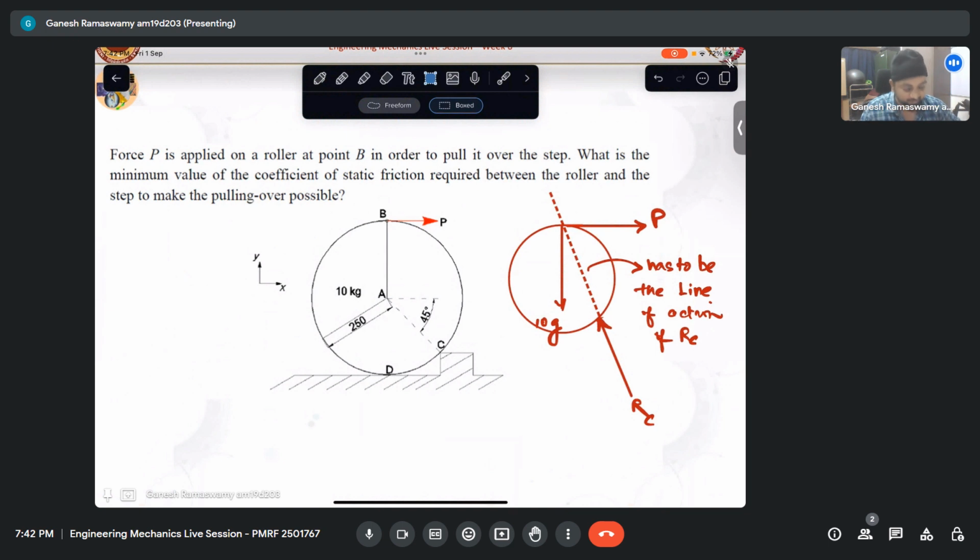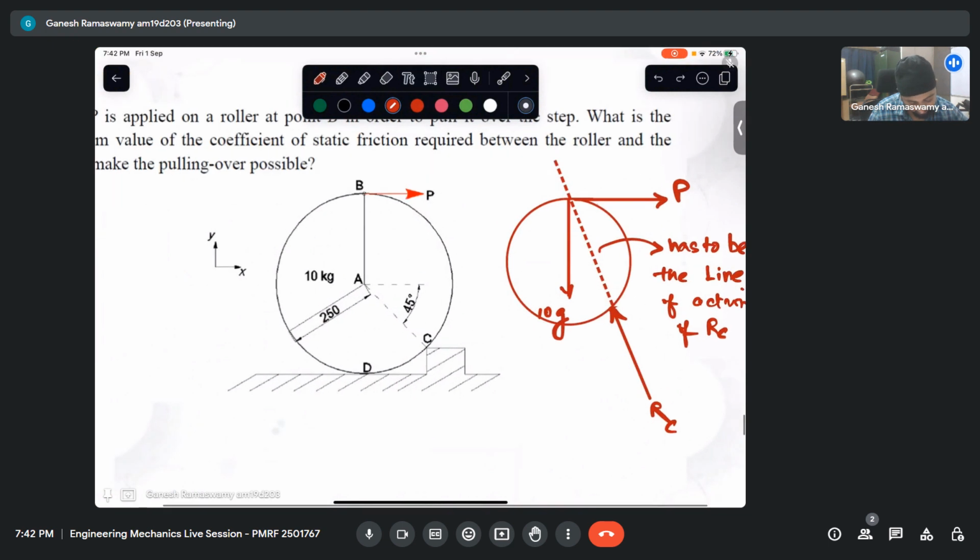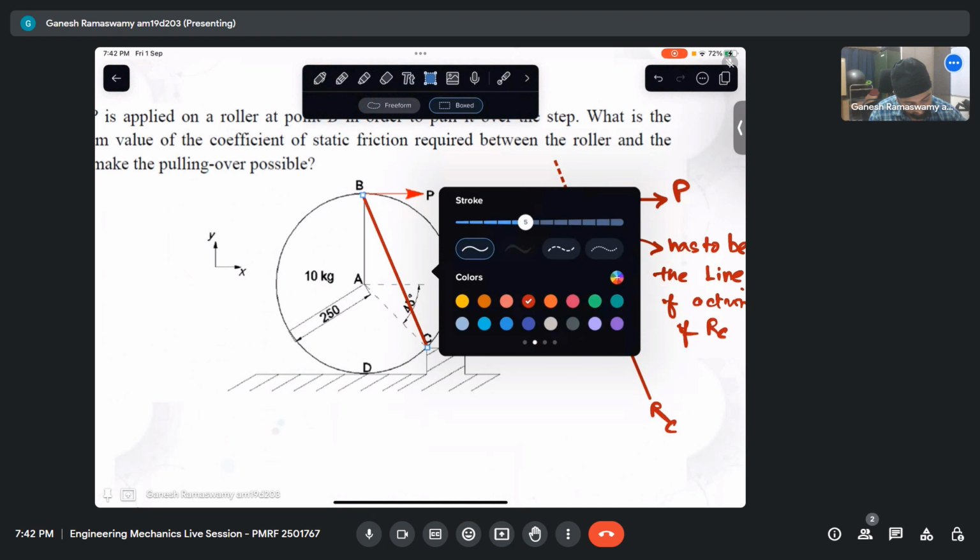Okay, now at any point, this can be resolved into two components naturally. Now what we have understood from this is, if I draw a line like that connecting point B and point C, this line is my line of action for this force RC.